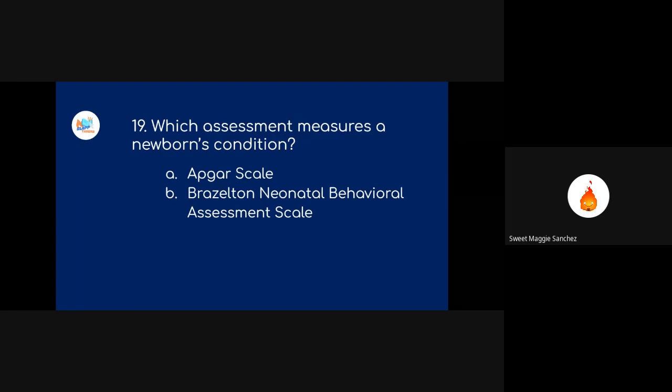Is it A, Apgar scale, or B, Brazelton neonatal behavioral assessment scale? Okay, timer stops.